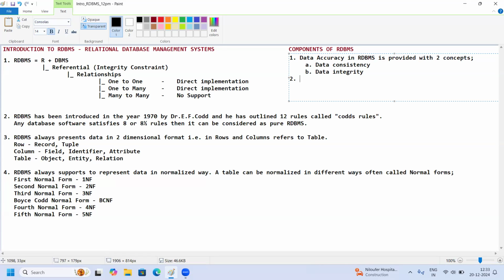These are the two concepts in RDBMS which will always provide data accuracy.